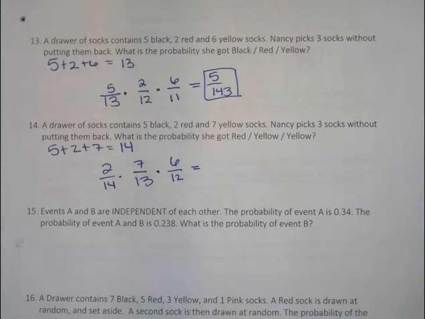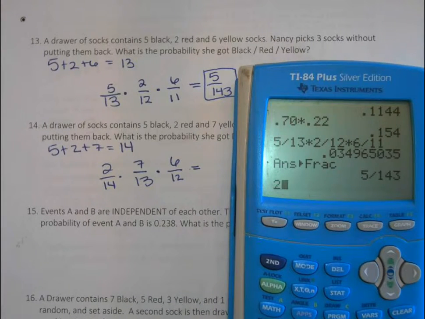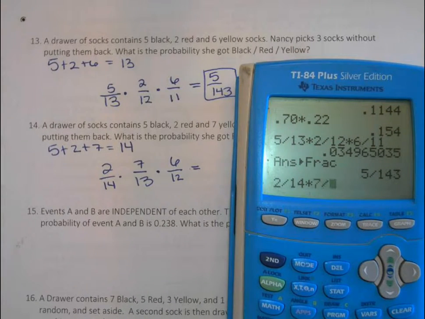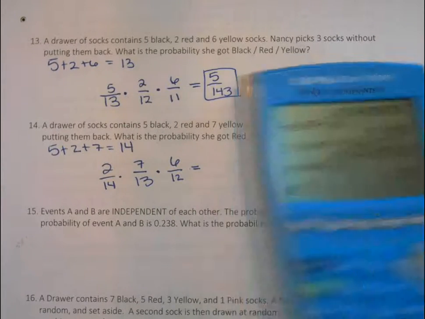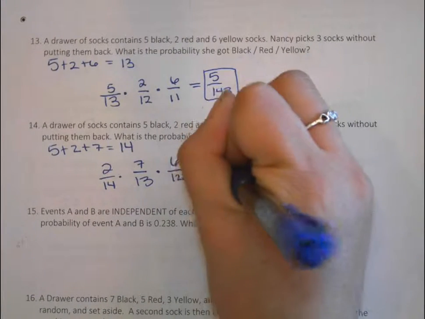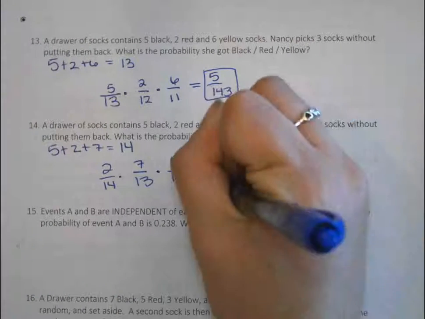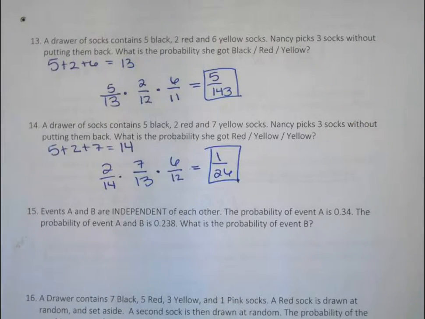So then I'm going to go ahead and multiply these. I have 2 divided by 14 times 7 divided by 13 times 6 divided by 12. This one gives me 1 over 26. So this one is a little bit better probability of happening because she has so many yellow socks.